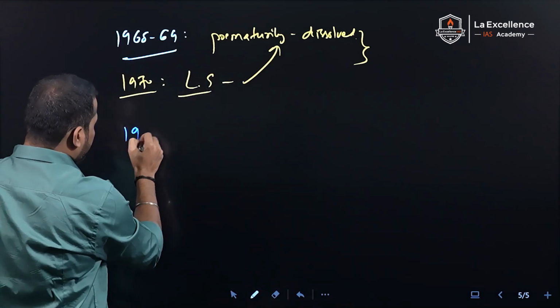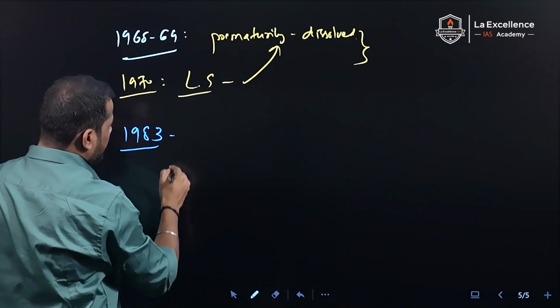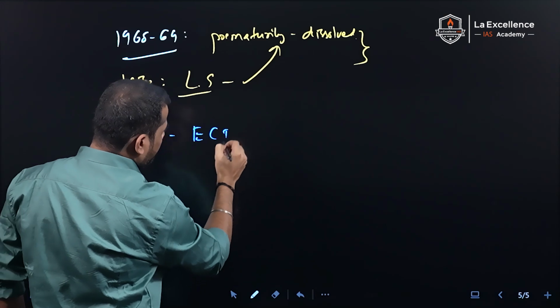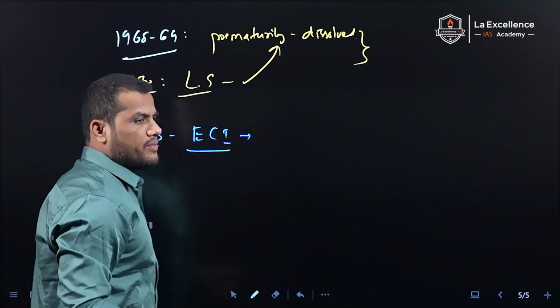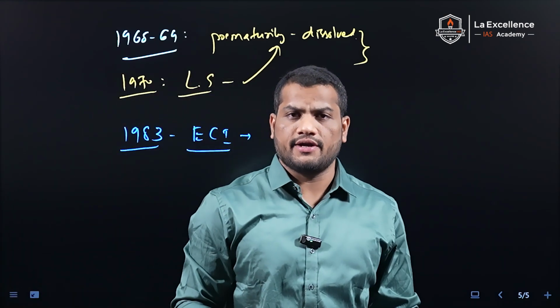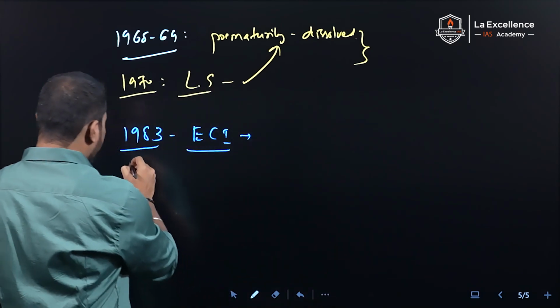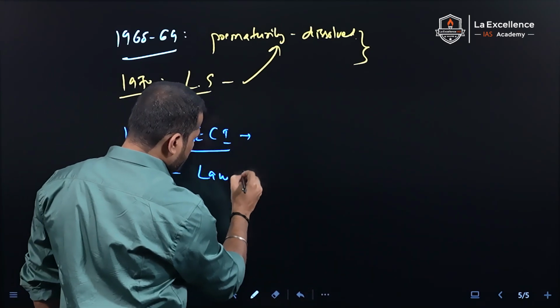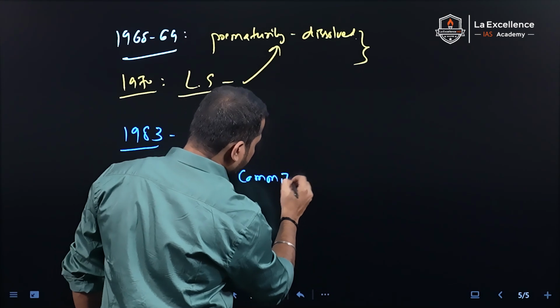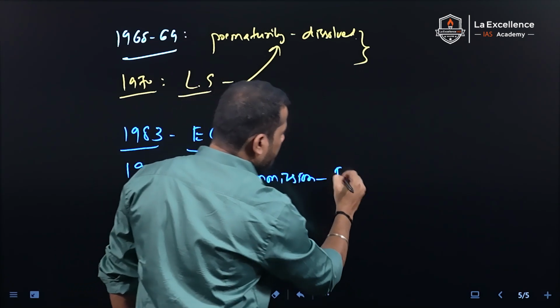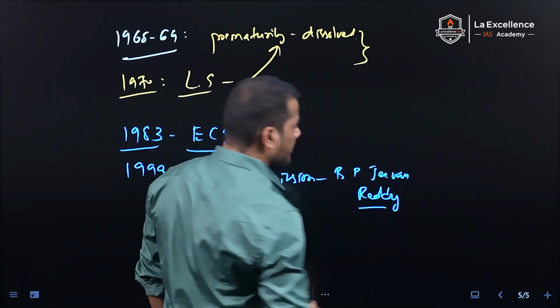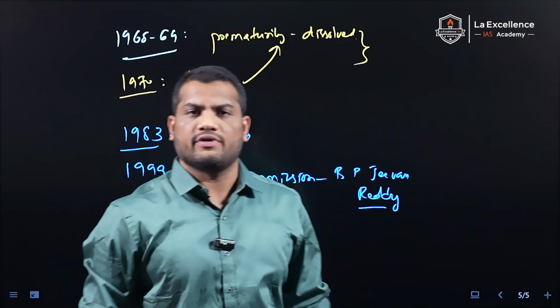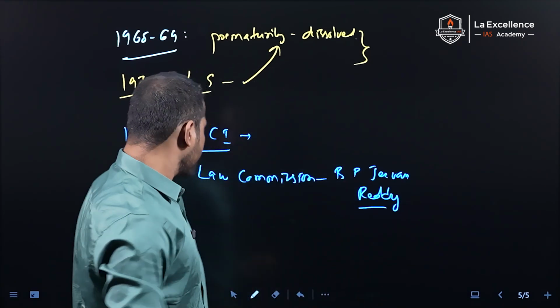First one, in 1983: the Election Commission of India recommended that the government revive simultaneous elections in India. Again in 1999, the Law Commission headed by BP Jeevan Reddy also recommended simultaneous elections in India.